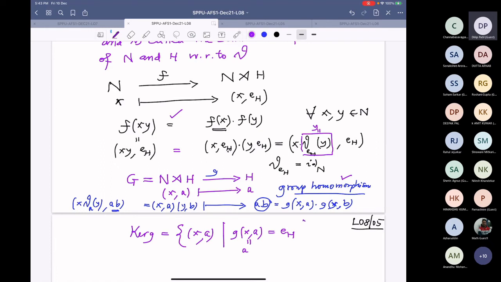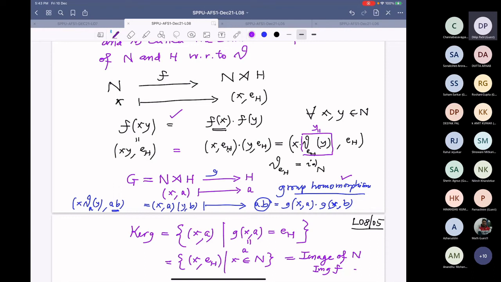So a is the identity in H, therefore this kernel is precisely (x, e_H), where x is in N. So this is obviously the image of N under this f.